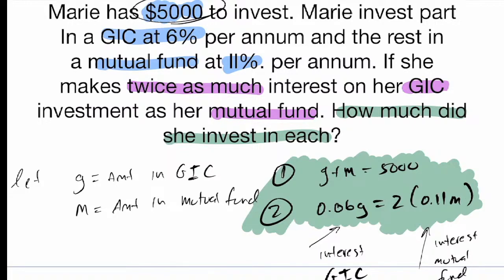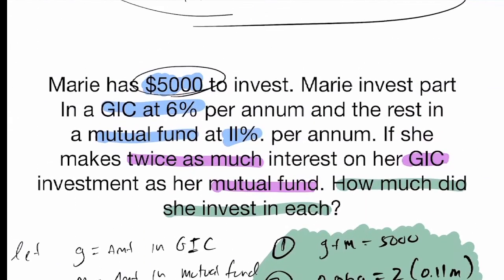We did ones where they made the same interest and we equated them. We did ones where you made $43 less, $45 more, stuff like that. I haven't solved the question, but Marie has $5,000 to invest.